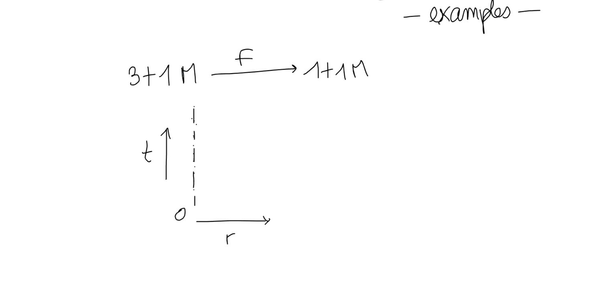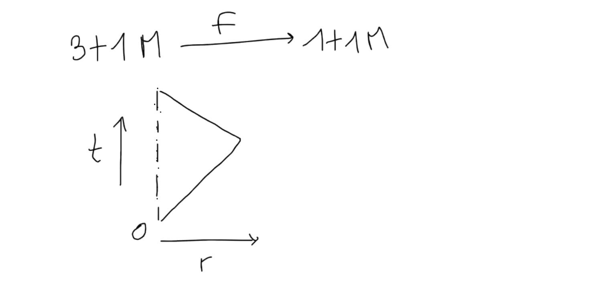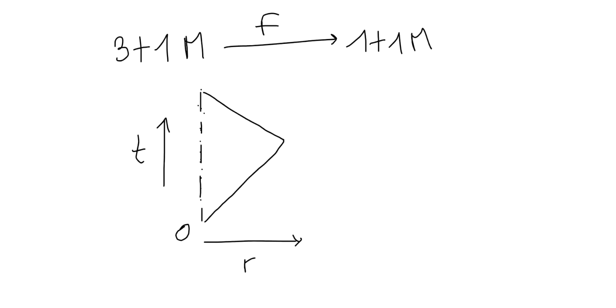And then we are just left with this diagram where we can identify the past timelike infinity, the future timelike infinity. We are left with only one spacelike infinity.